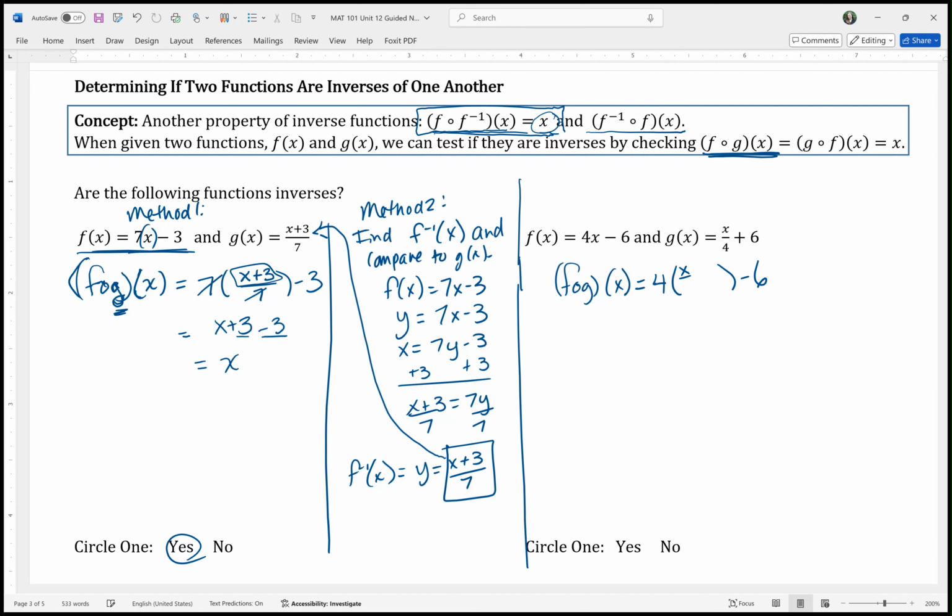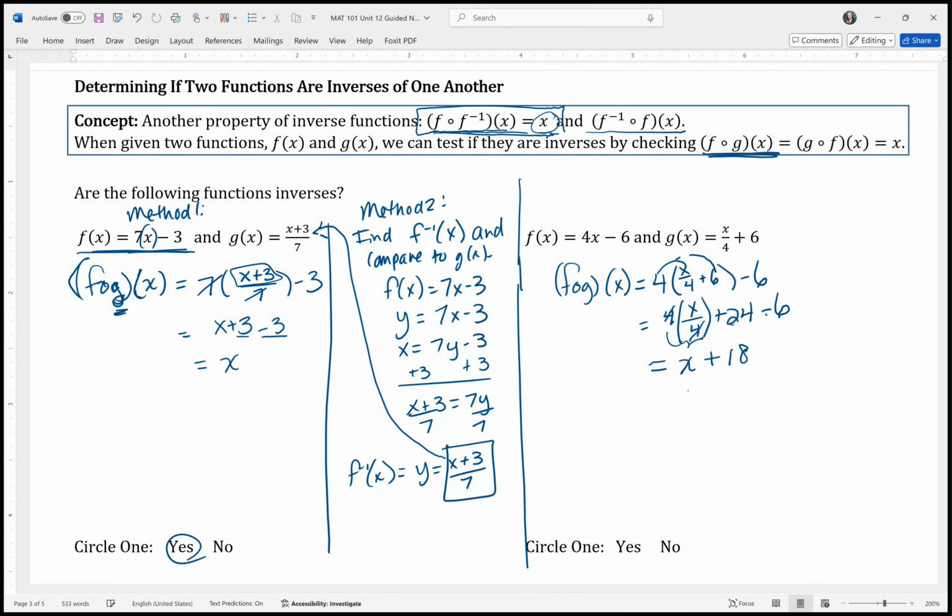It's the x over 4 plus 6. Now, we're going to distribute the 4. So 4 times x over 4 plus 4 times 6 is 24, minus 6. Okay, so here the 4's cancel and I have x, and then 24 minus 6 is 18.